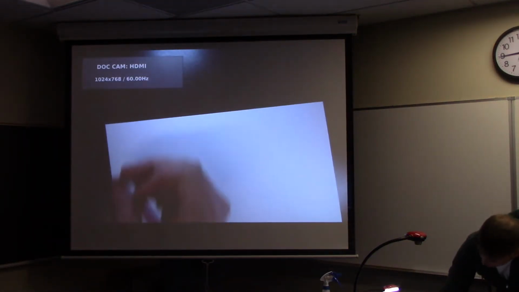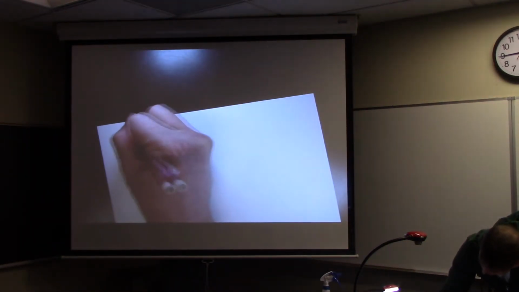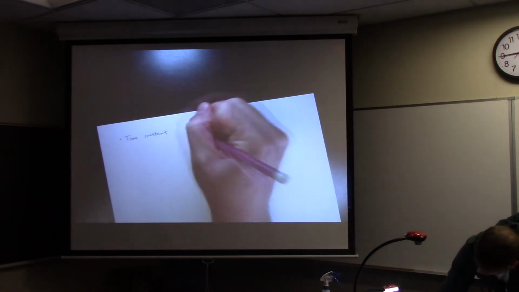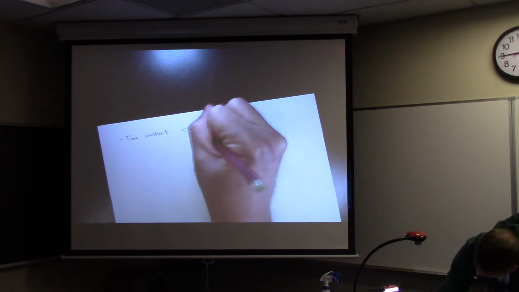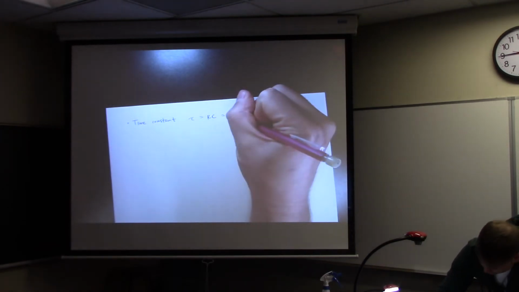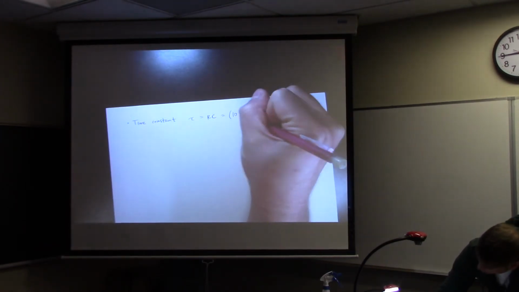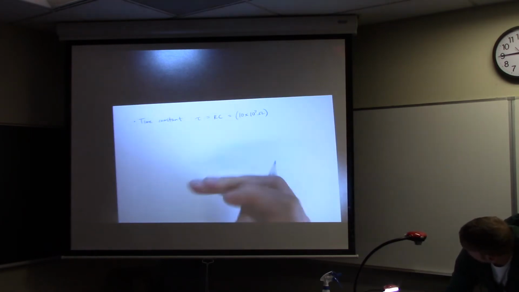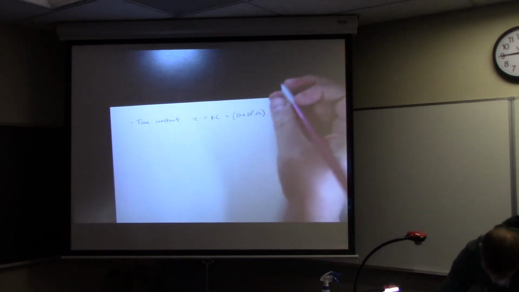So in this case, for the time constant, just use tau is equal to R times C. That's all we need to know. So the resistance value is 10 kiloohms, or 10 times 10 to the 3 ohms. 10 to the 3 is the kilo prefix.